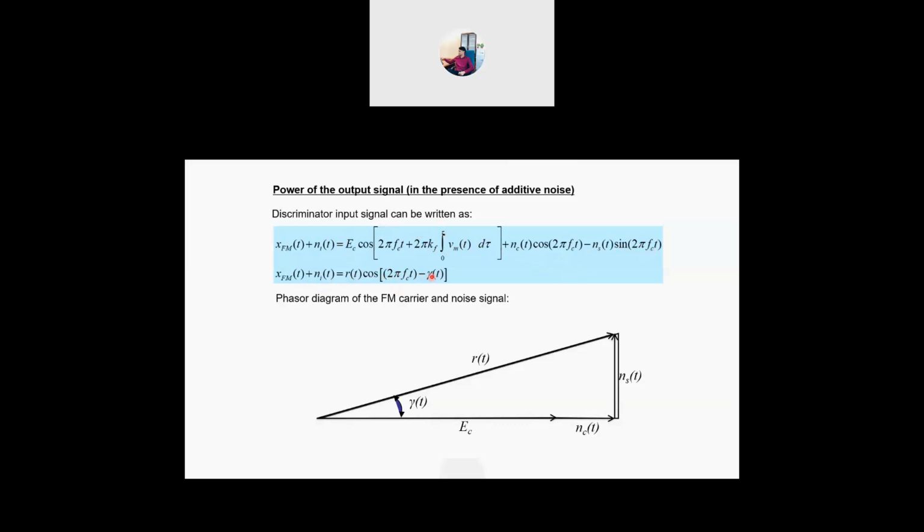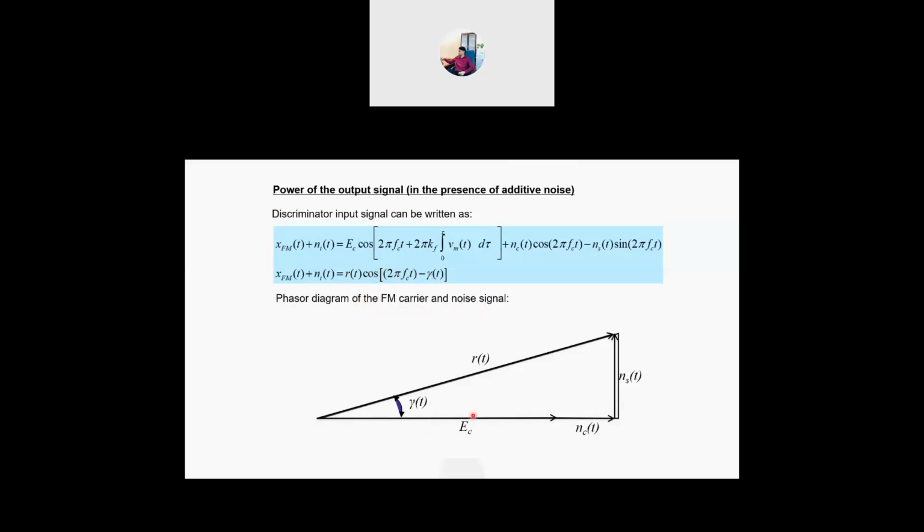Okay, gamma(t). This is the simplified version of what we have above here. So, the phasor diagram of the FM carrier, the carrier and the noise signals.